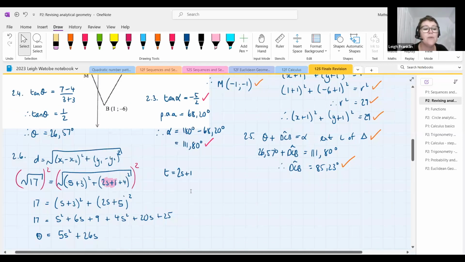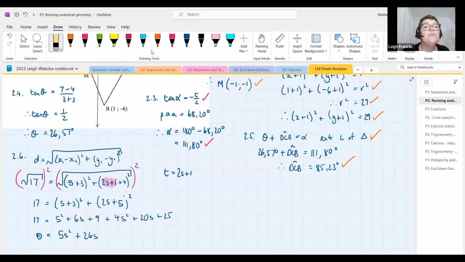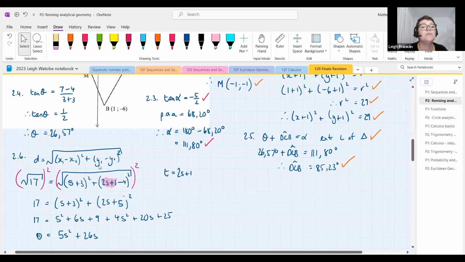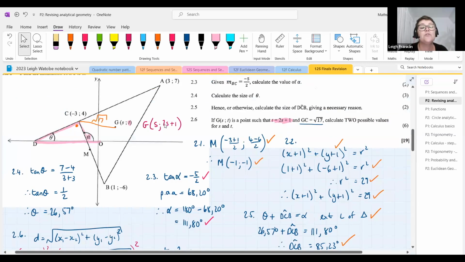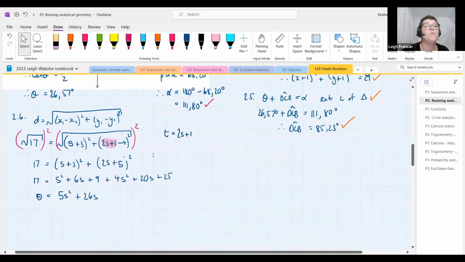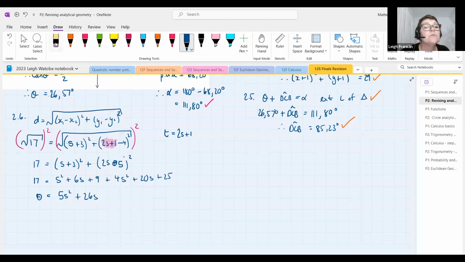Sorry, I've just realized I've made a mistake. Sorry, guys. This over here should be a minus, because 4 is a positive. Do you see that? So it should be 2s plus 1 minus 4, not plus 4. Sorry, let's just correct this.